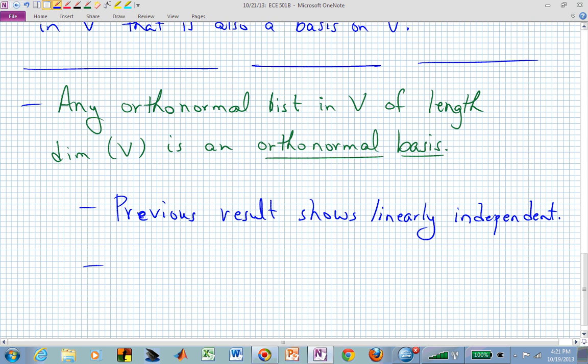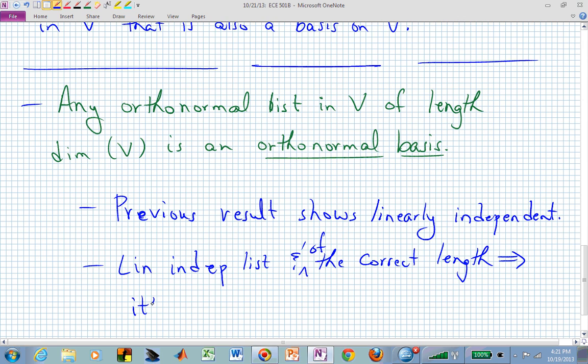And this linearly independent list, together with the fact that it is the correct length, equal to the dimension of the vector space capital V, implies that the orthonormal list is a basis.